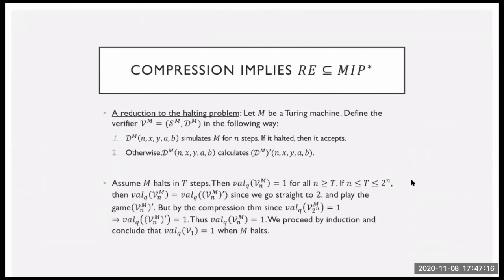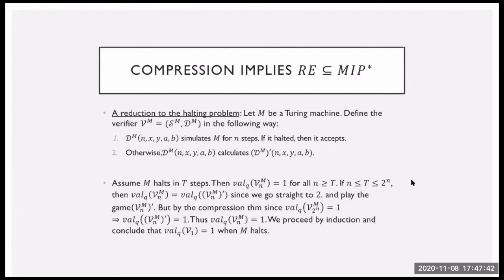You should think of it in the following way. You have a sequence of games. I give you the compression theorem. It generates a new sequence of games. Now, the way you define a game now is: run the Turing machine n times, and then if it didn't halt, play the compressed game with the verifier, with the players.